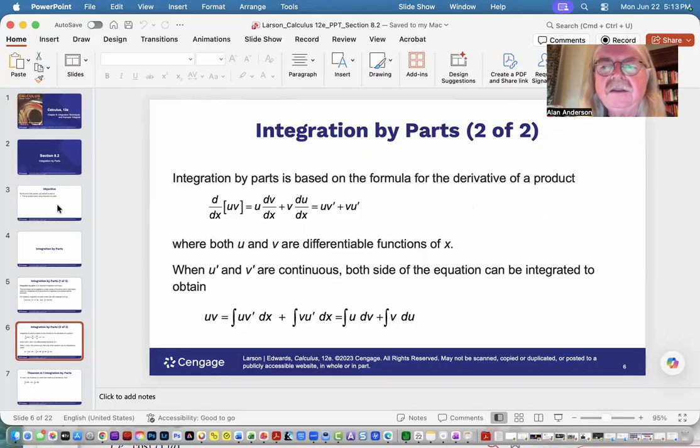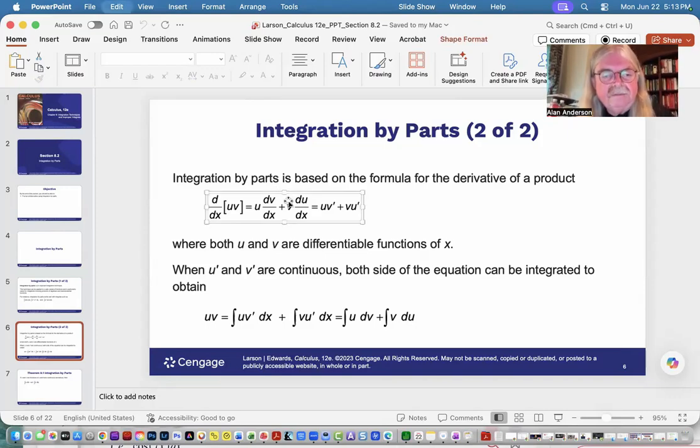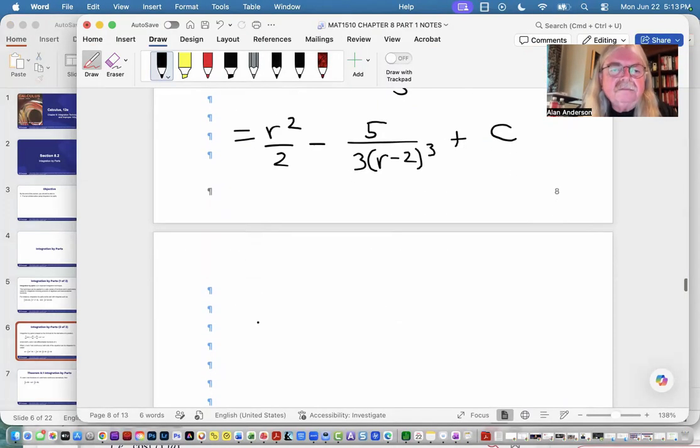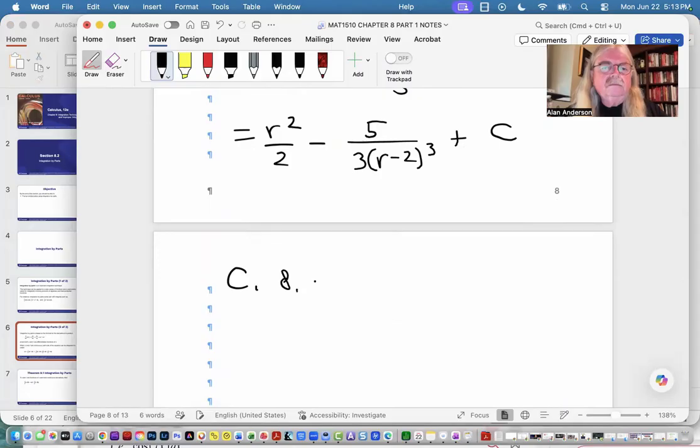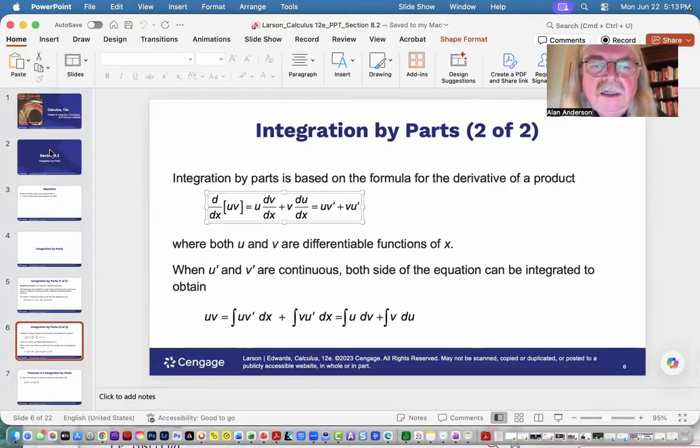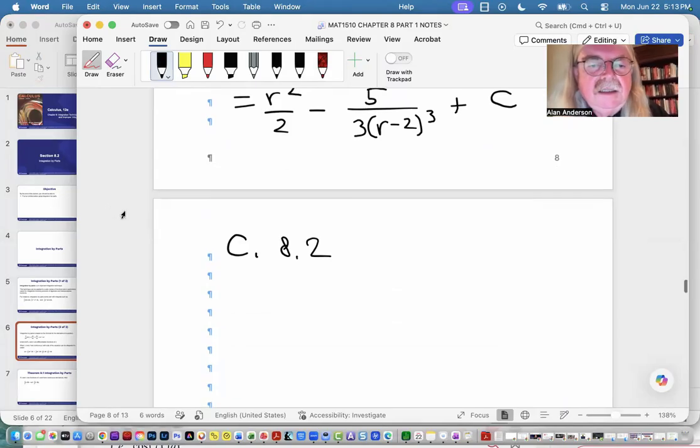So here's how they're going to derive it for us. You've got to be a little careful with the notation here, by the way. This is the starting point. So this is section 8.2. You notice how sometimes they use f prime of x, they use u, they use dy dx.